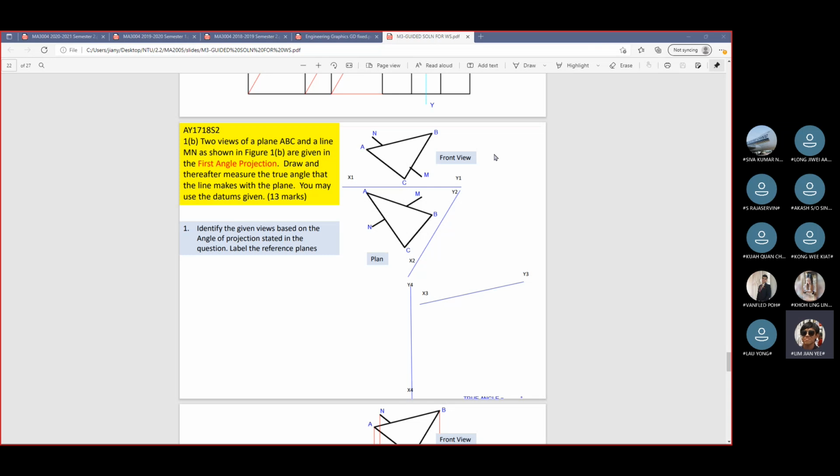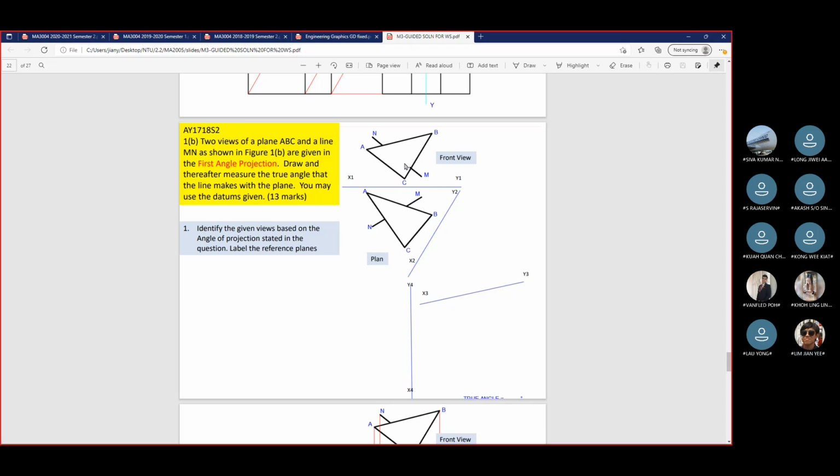You're trying to find the acute angle in between the satay stick and the triangle. Not very intuitive, but yeah. First angle projection doesn't matter, it doesn't affect it. Then it looks like this.